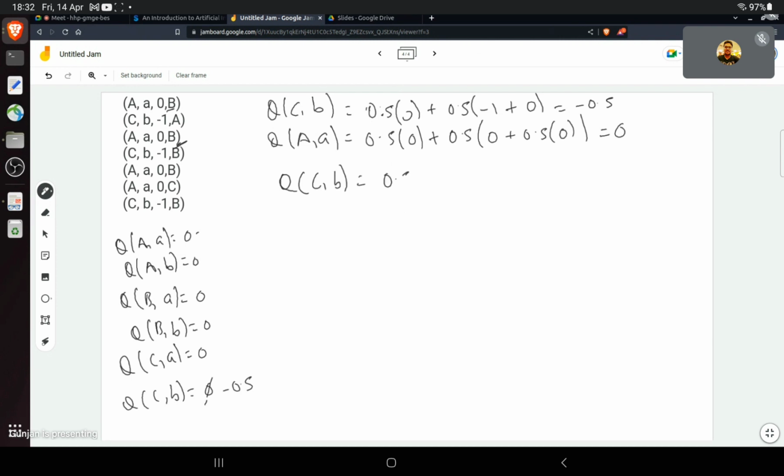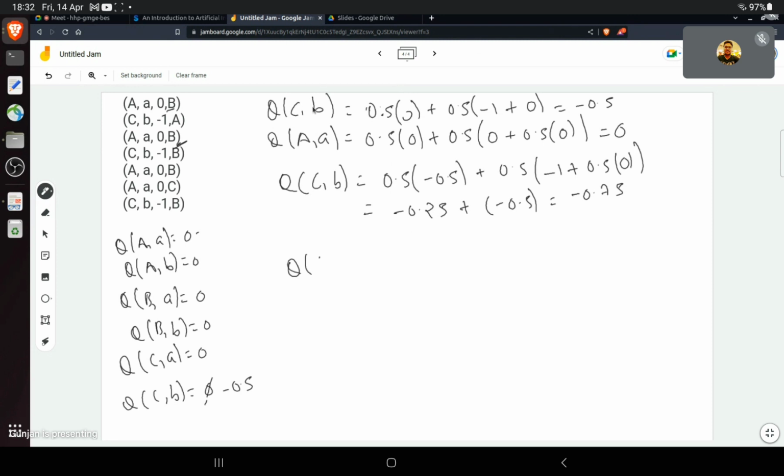So that will be 0.5 times minus 0.5, because the value of (c, b) was updated to minus 0.5, plus 0.5 times the reward that we have, minus 1, plus gamma times the max of all b's, so that is 0, right? So this will be equal to minus 0.25 plus minus 0.5, so this will be minus 0.75, right?